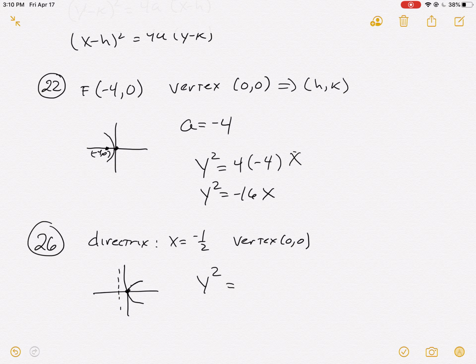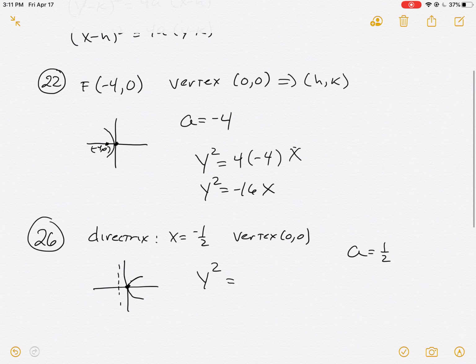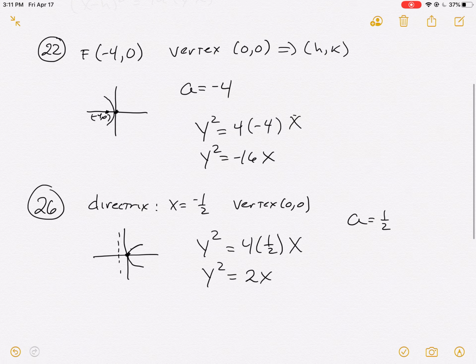We know that the distance from the vertex to the directrix line, or the vertex to the focus, is always a, and a in this case is 1/2. And so we know that the general form up here is 4a. Well, 4, and for emphasis, I'll put 1/2 in there, and it's just going to be an x. So now we have y squared is equal to 2x, and that should match the answer in the back of the book, and it does.